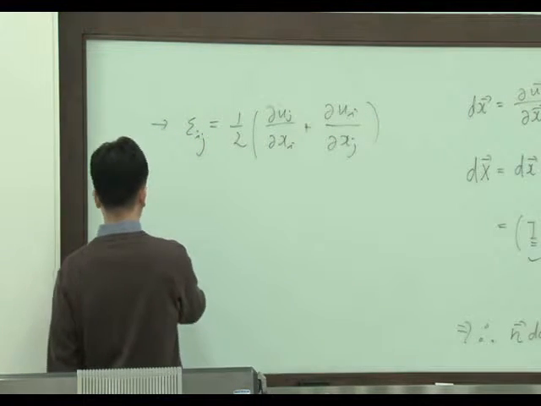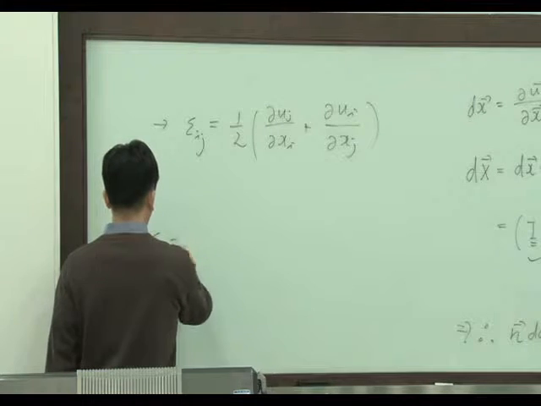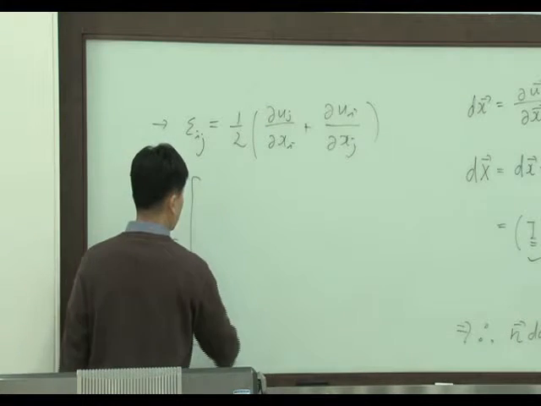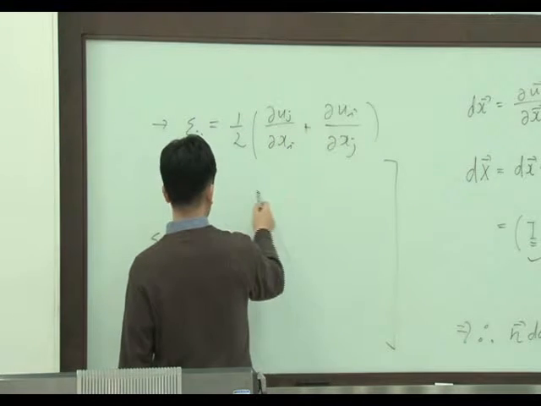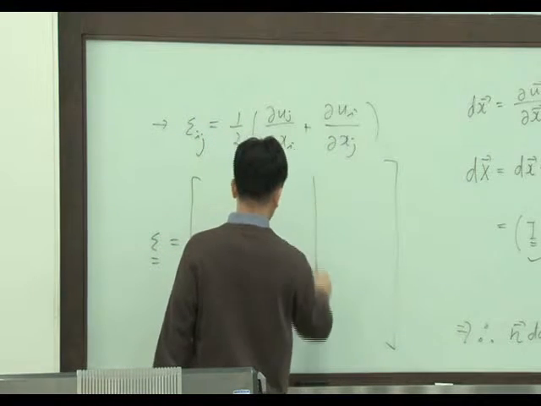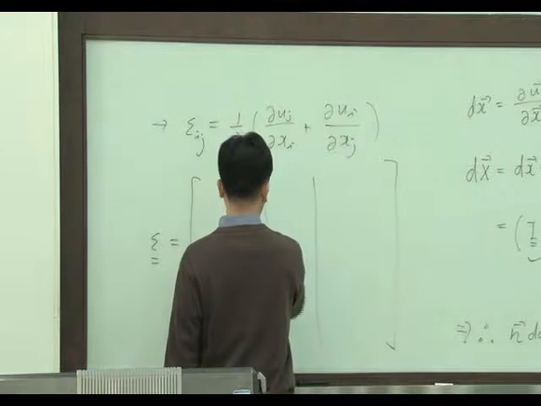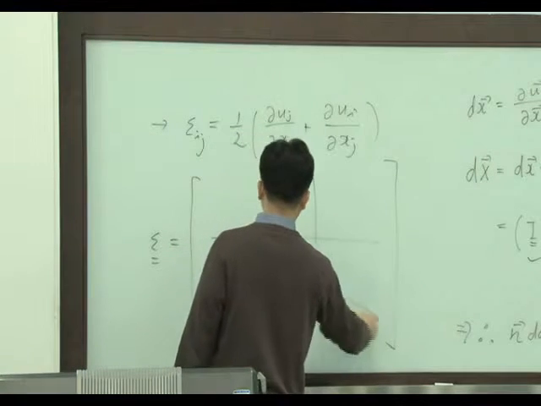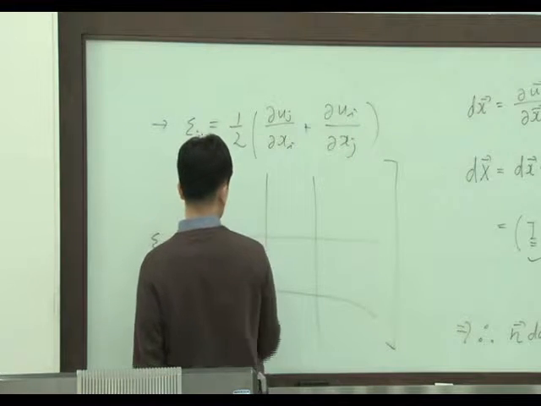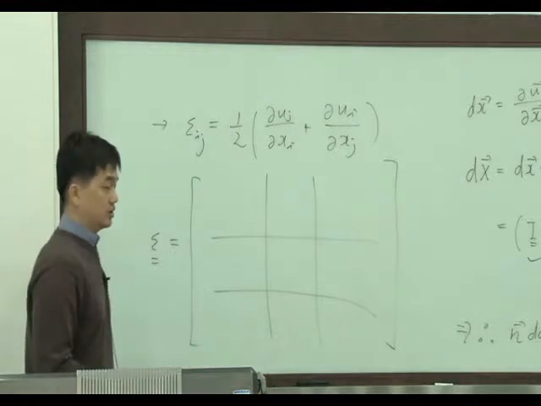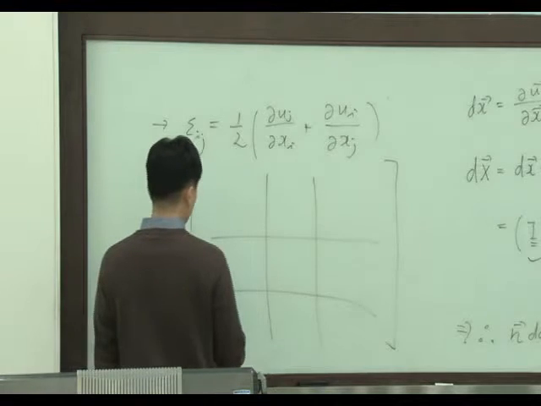Okay, so I'd like you to take your time. Can you write down all the components? Actually, this is symmetric, so you need to write down only six components.